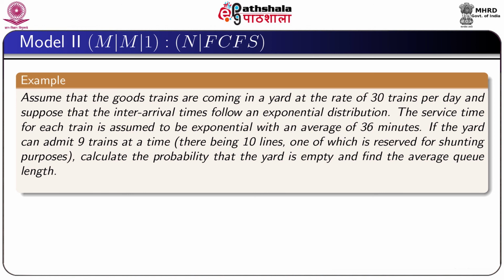The service time for each train is assumed to be exponential with an average of 36 minutes. If the yard can admit 9 trains at a time, which is the capacity of the system, then we have to find the probability that the yard is empty and the average queue length.